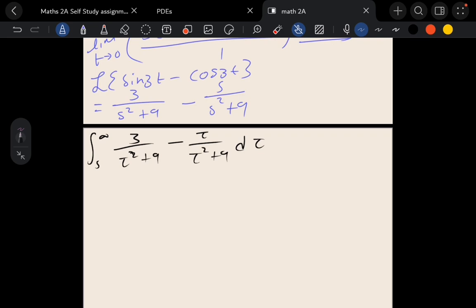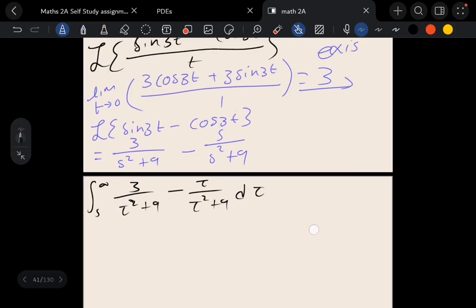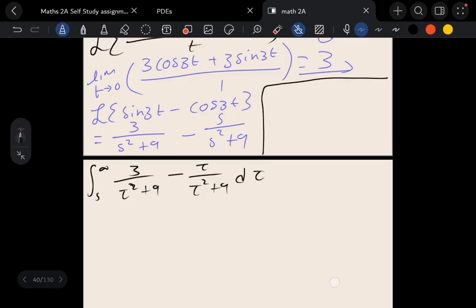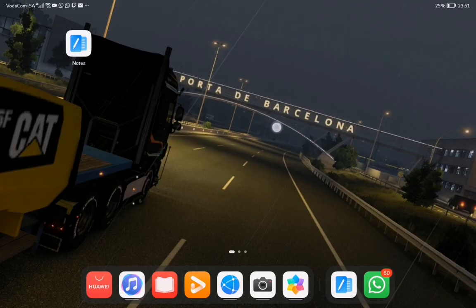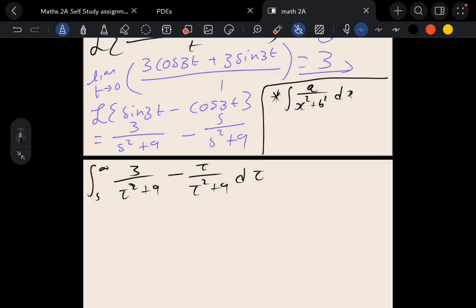Now, what is an integral of 3 over tau squared plus 9? Keep this in mind here. The integral of 1 over x squared plus b squared dx was what? Remember, it was 1 over b arctangent of x over b plus c.